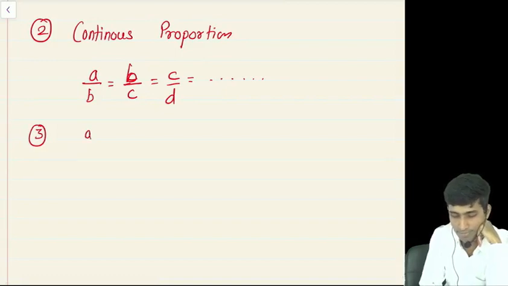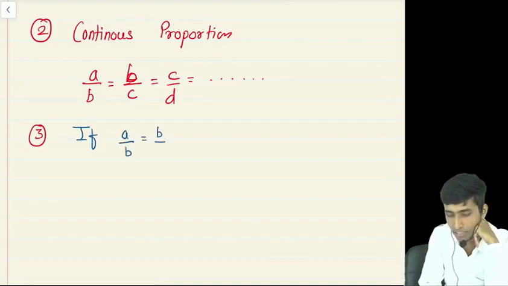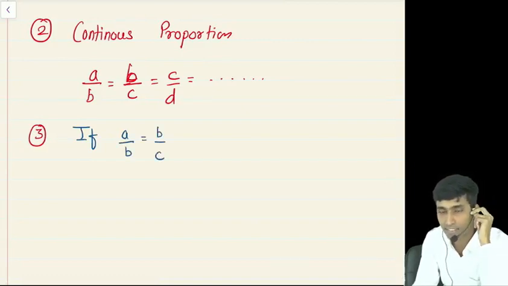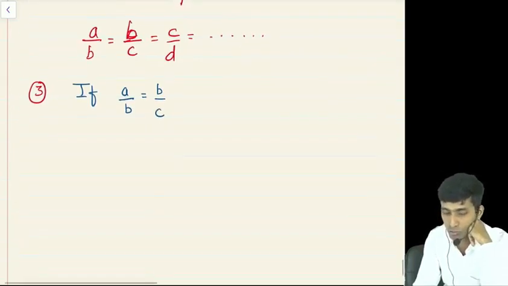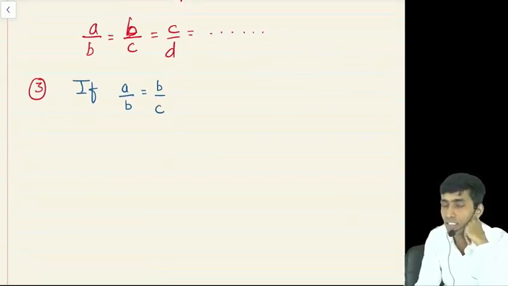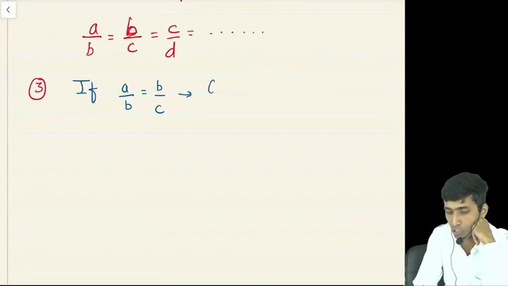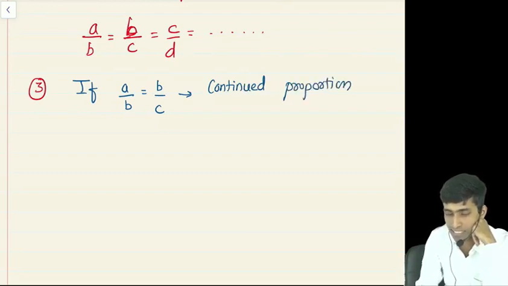If A by B is equal to B by C, they are in which proportion? Continuous or continued proportion, one and the same.